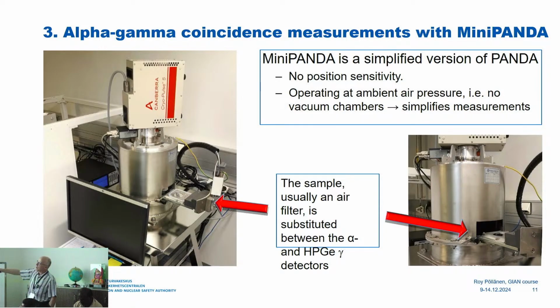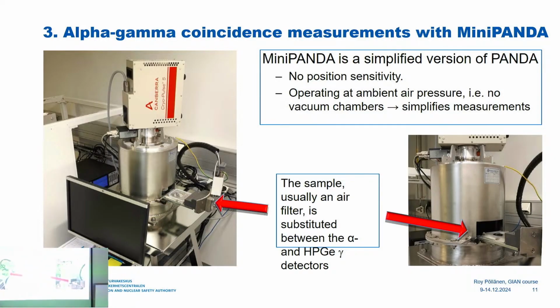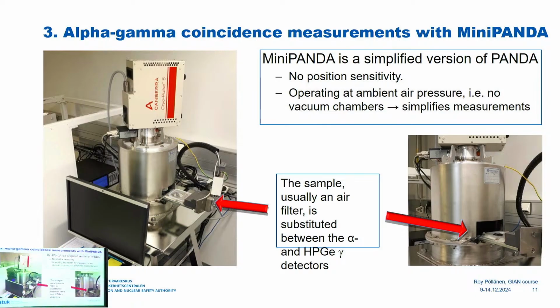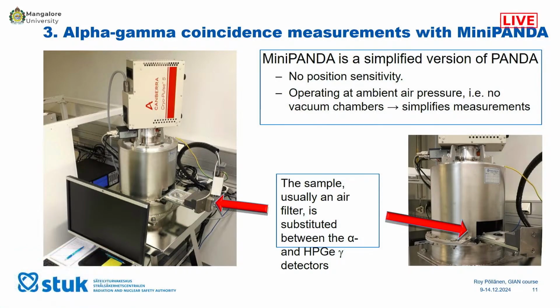You can see the gamma detector here. It's electrically cooled. This is the lead shield, and there's an alpha detector here on which we can put the sample. A thin sample, of course, because thick samples are not a good idea for alpha detection.